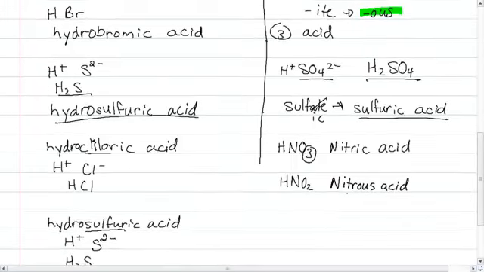So each polyatomic ion will be named in this form. Like we said before, sulfur is an exception that we use the whole name sulfur.